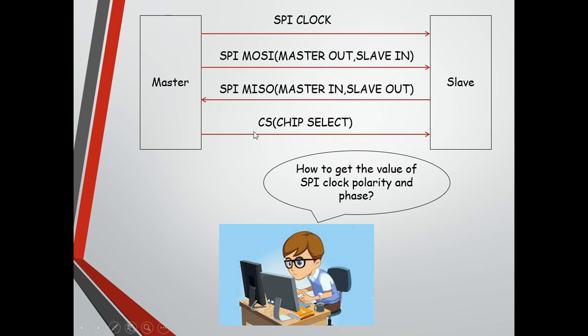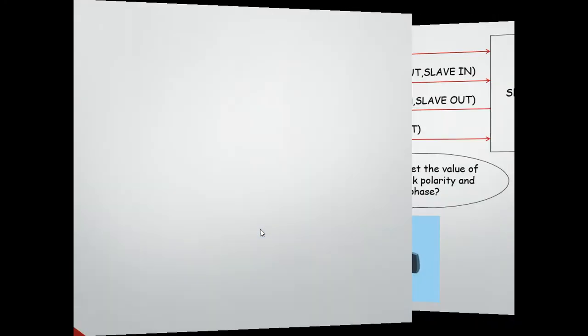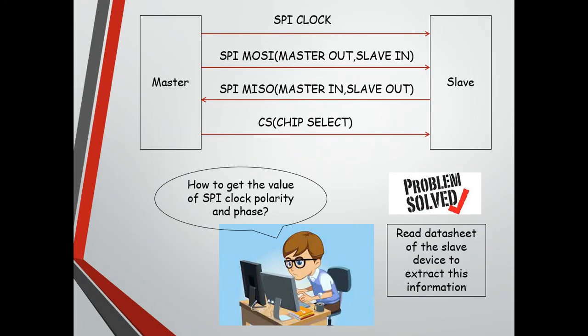So how will you get these parameters? This is very simple. We have to read the datasheet of the slave device. We have to go through the timing diagrams given in the datasheet, and from that timing diagram we can extract the information regarding the phase and clock polarity of the master device.